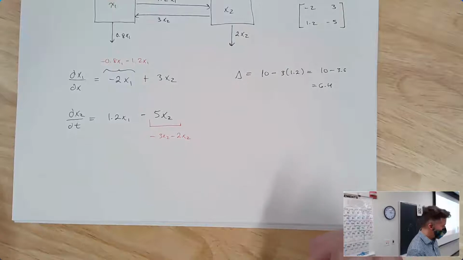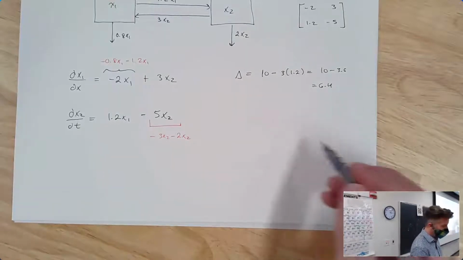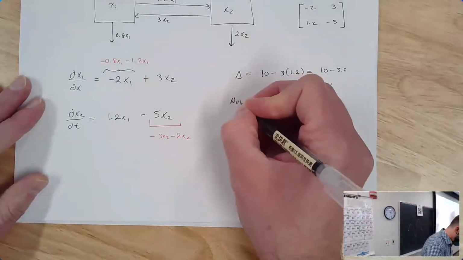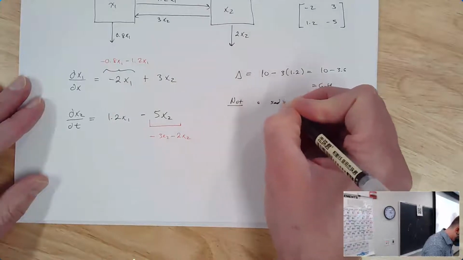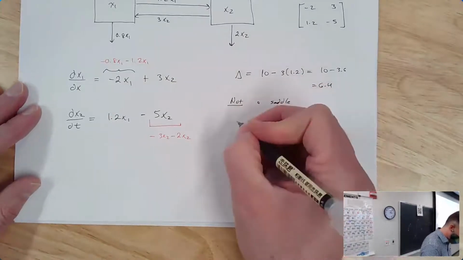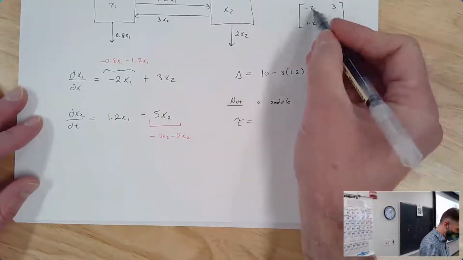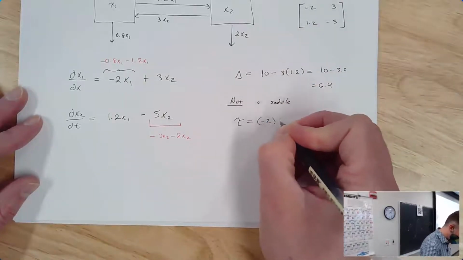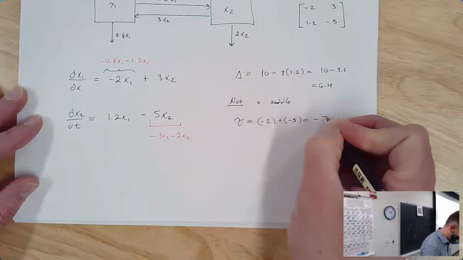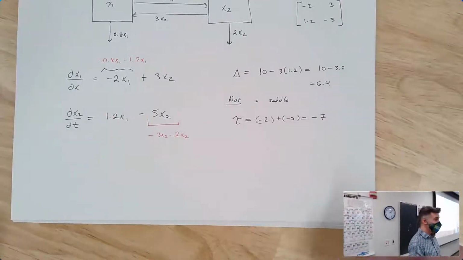It's positive, so we have to do more work. So it's not a saddle. Let's find the trace. The trace is going to be negative 2 plus negative 5, negative 7. So great, we know we have stability.